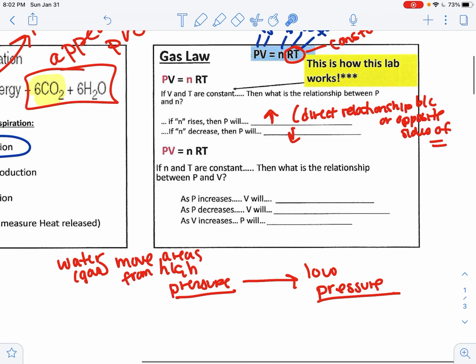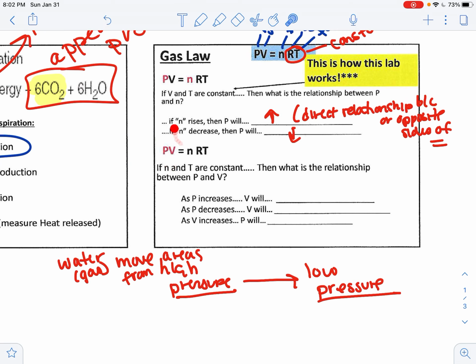Here's another example, just for understanding the gas law. This is really the one that we're going to do in the lab. This is what the lab is based on. But just as an idea, if I were to keep the temperature constant and have the same number of molecules of the gas, how are P and V related?